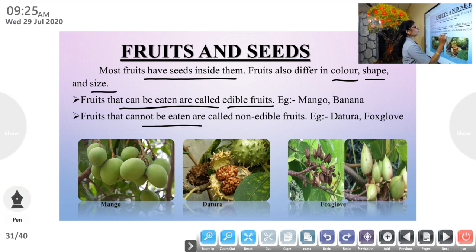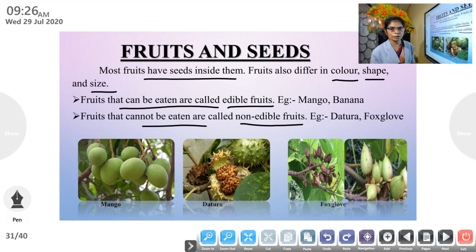Some of the fruits that cannot be eaten are called non-edible fruits. Examples: datura, foxglove, etc. What is the difference between edible and non-edible fruits?